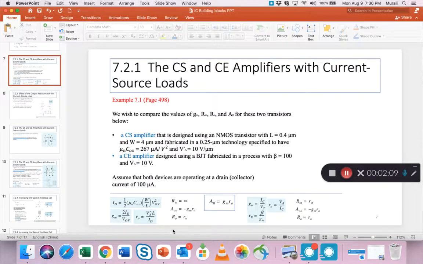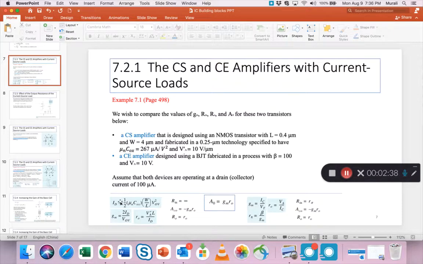So I've tried to show you the formulas that have been used here. The main thing, obviously, the intrinsic gain is what is important. That formula applies to both, is gm ro. How to find gm for the MOS case is to the left. How to find gm for the BJT case is to the right.